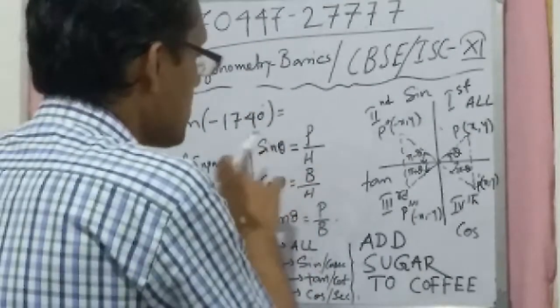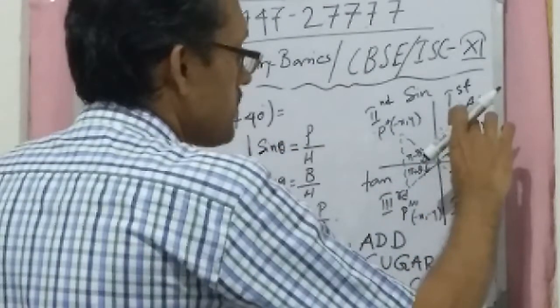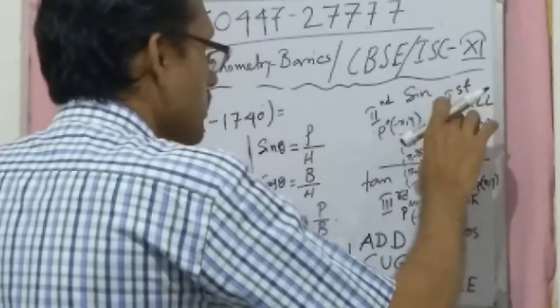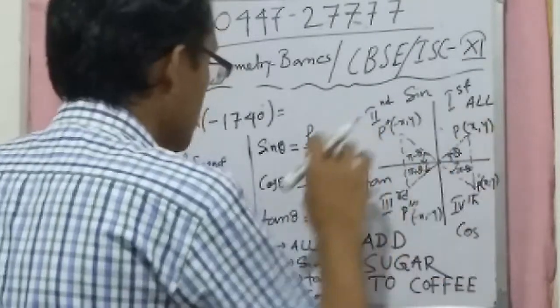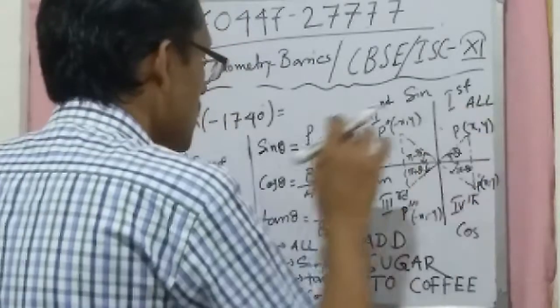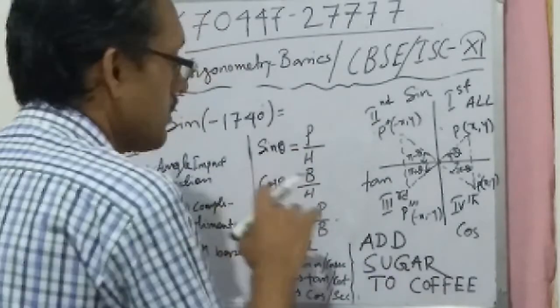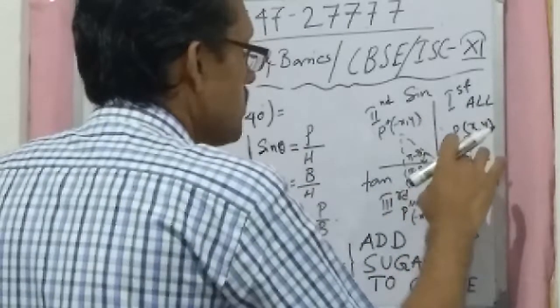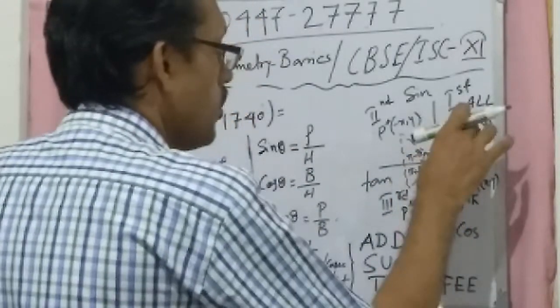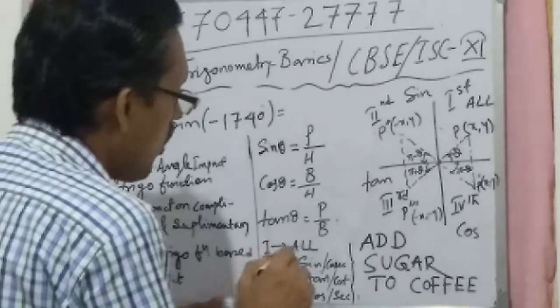In case of sine, it is perpendicular by hypotenuse; perpendicular y is positive and hypotenuse is also positive, so sine is positive. In case of cos, the base is positive and the hypotenuse is also positive, so it's positive. In case of tan, it is perpendicular by base, both are positive, so positive. That's why in the first quadrant all are positive.